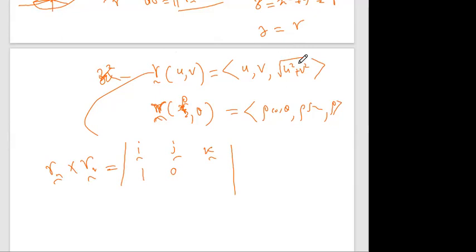So you get something, and then minus 1. Remember, simplify this.